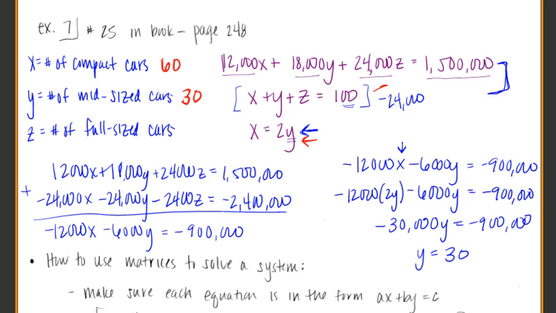The total number of cars was 100. Well, 60 compact, 30 mid-size, all I have left to add up is 10 to get a total of 100 cars. And there you go. There's the breakdown of exactly what you need of each type of car in order for this Hartman company to expend exactly $1,500,000 and to get exactly 100 cars.